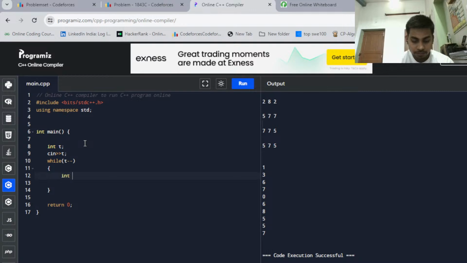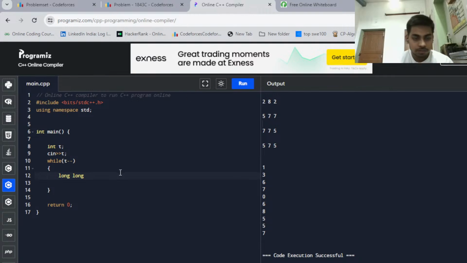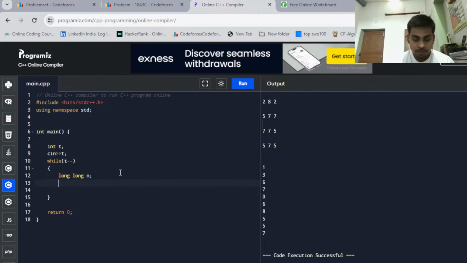Now here we have n, and n will be long. Let me just see the constraints once again. Yeah, we have to take long. So let's say this is n, then we will take input n.